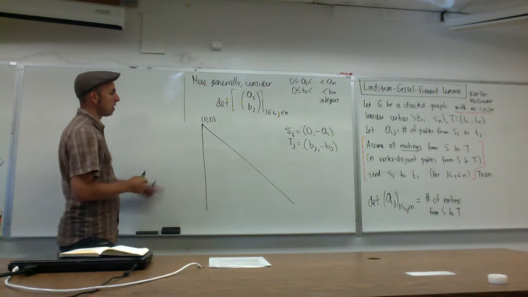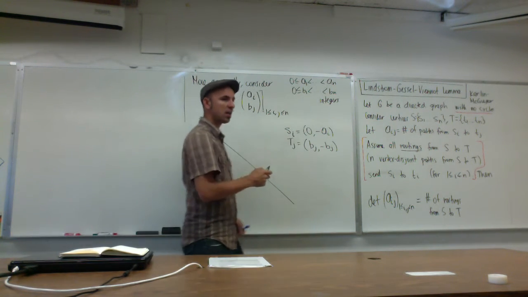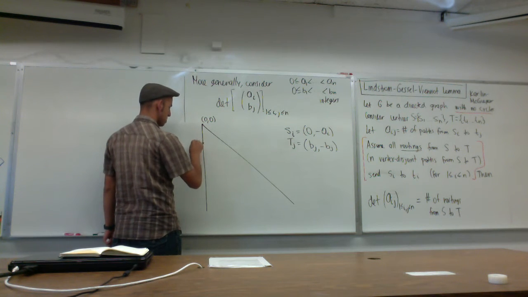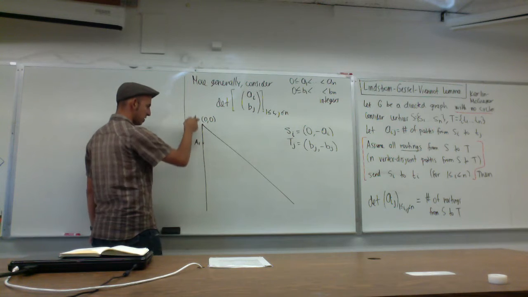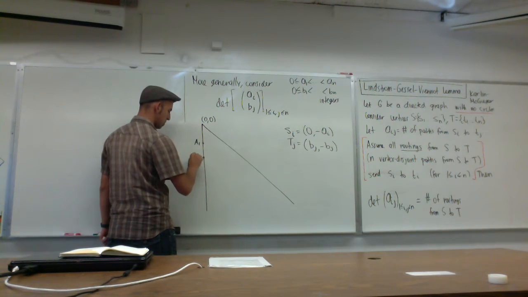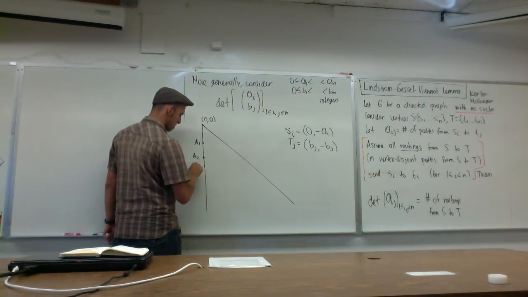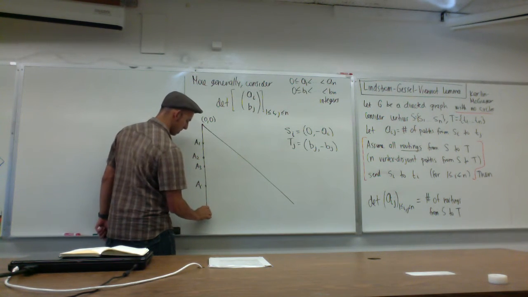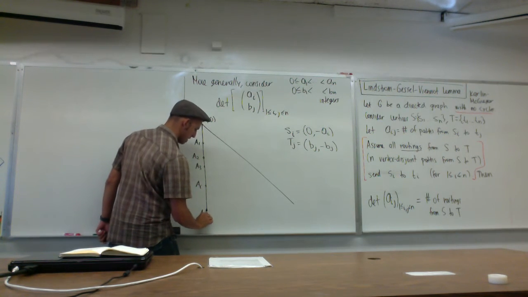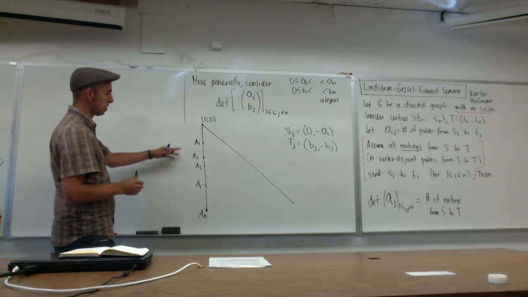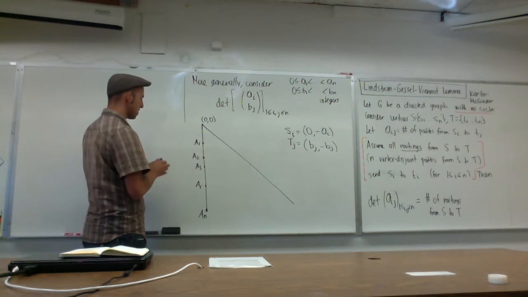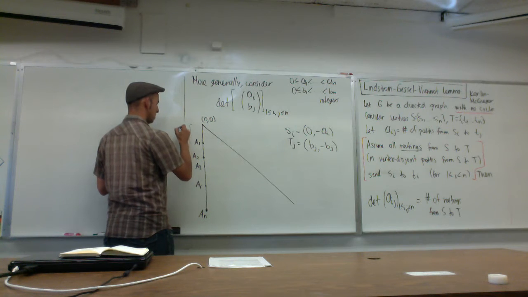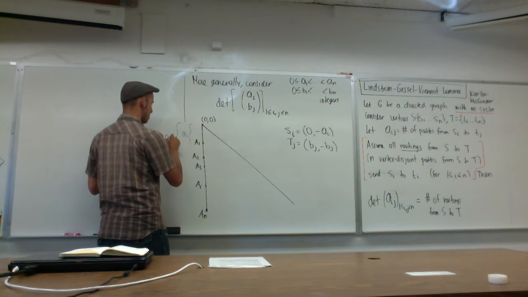Okay, so I take my numbers A1 up to An, and I put a point at A1, then A2, then A3, so on, Ai, so on, until An. And the point is that these distances are A1, A2, etc.